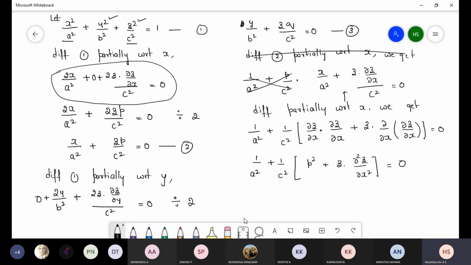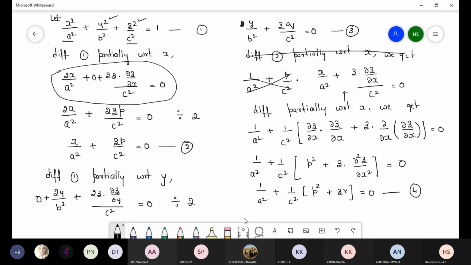According to the notation, we can write dou square z by dou x square as r. I call this equation 4.